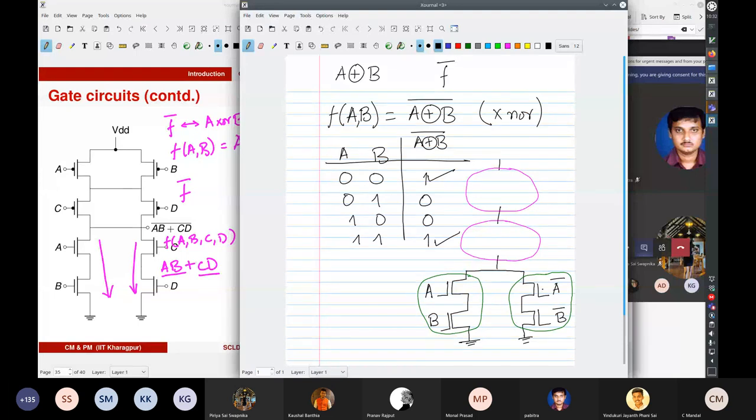These two are in parallel, so their duals will be in series. Now what is the dual of this? These two are in series, so I want to have these in parallel, but over here I'm going to use only PMOS.